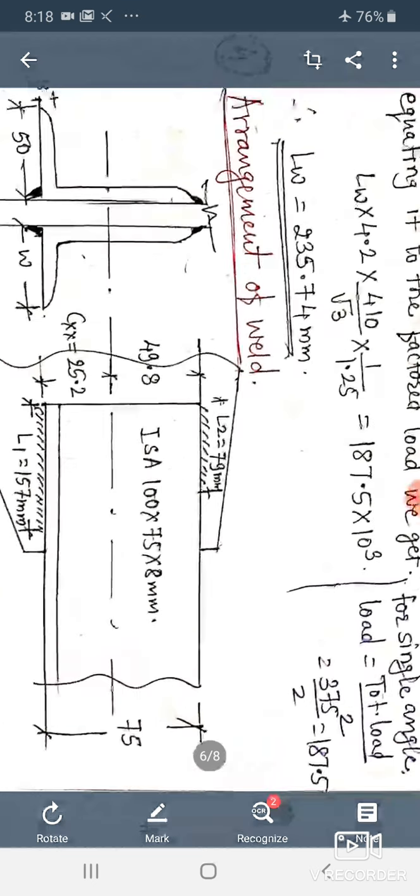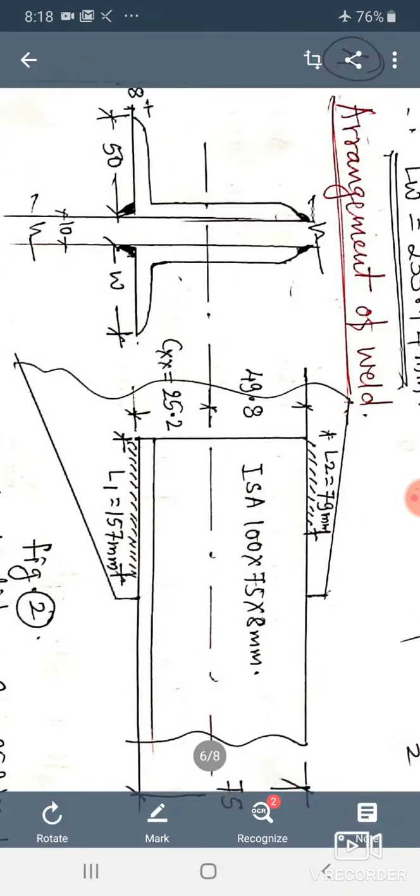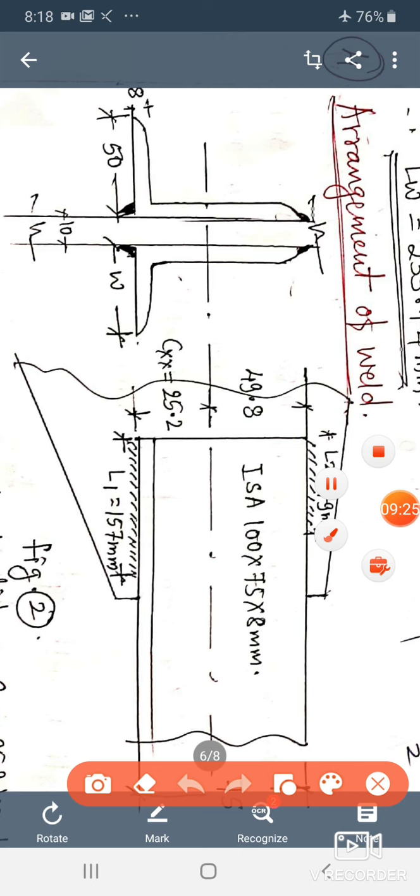First I'll just mention the length of weld as L1 and L2 roughly, and then I'll be calculating exactly the value of L1 and L2.